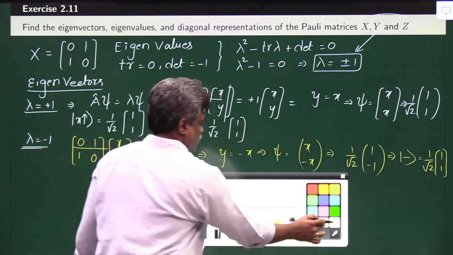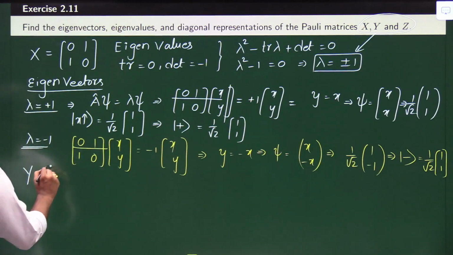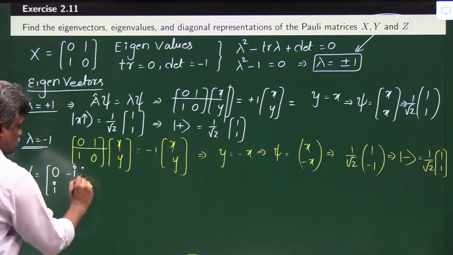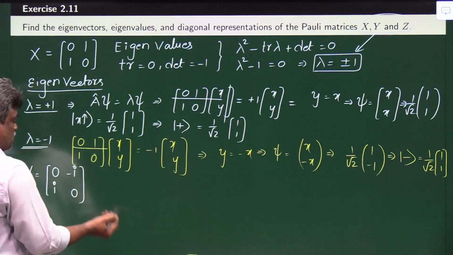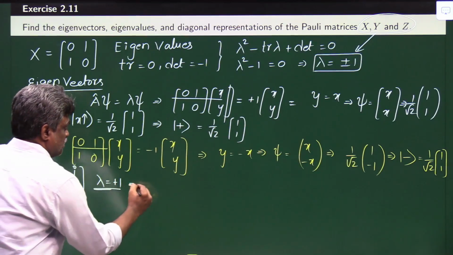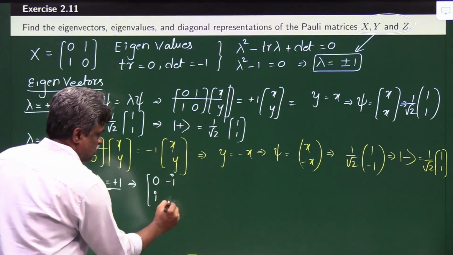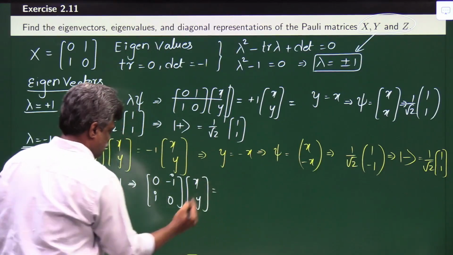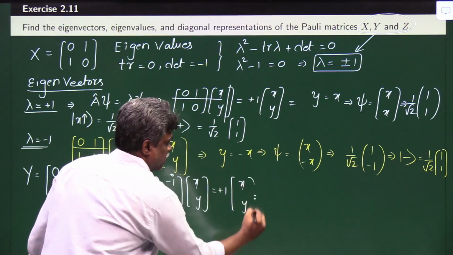Next, let us take the Pauli Y matrix. That means Y equals [[0, -i], [i, 0]]. Here the eigenvalues are the same, so first I am taking lambda equal to plus 1. The eigenvector equation is [[0, -i], [i, 0]] times (x, y) equals plus 1 times (x, y).